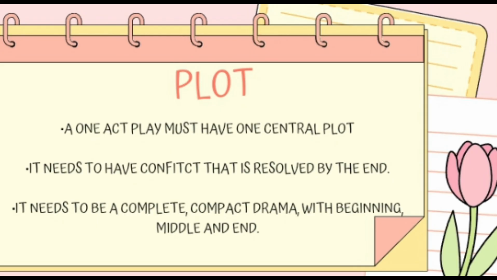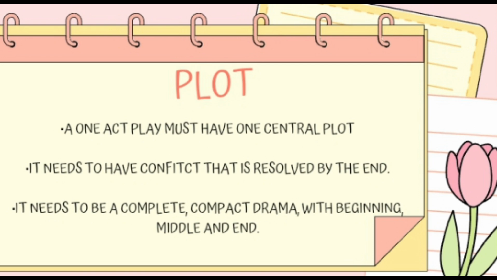Second is the conflict that is resolved. The story needs a conflict or a problem. The character must face something difficult: a misunderstanding, a tough decision, a challenge, or even a fight. By the end of the play, this problem must be solved or clearly ended.